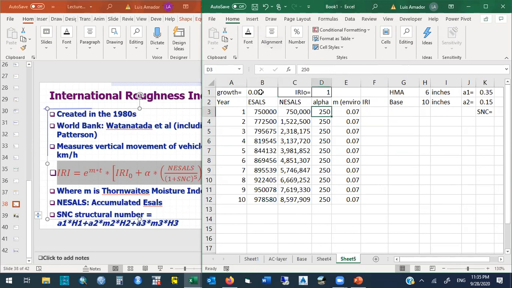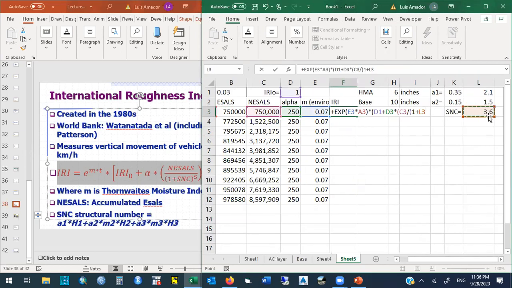Okay, so I was saying this is exponential of M multiplied by time times my RI0 times alpha to the, and then I have the accumulated results divided by 1 plus the structural number, which is that one, 3.6.